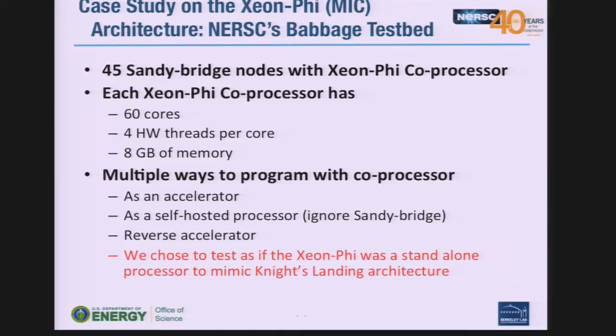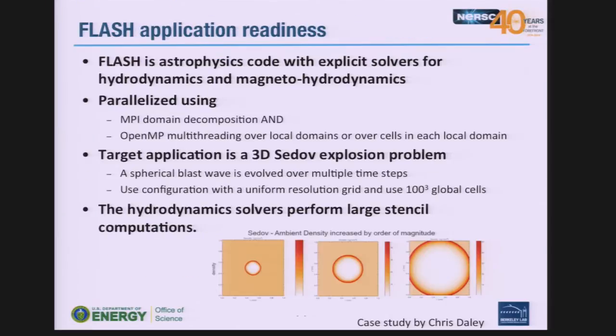And so what do we know? It's a similar number of cores, 8 hardware threads per core, but this coprocessor right now only has 8 gigabytes of memory. All right, so let's see what we get. He's taking a simple astrophysics application, a spherical shock problem, which is called the Sedov explosion.